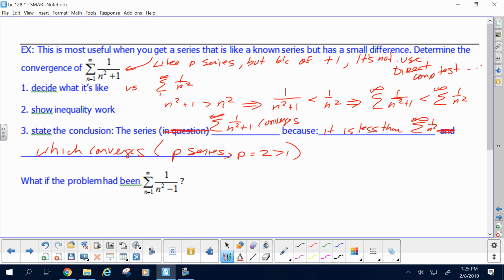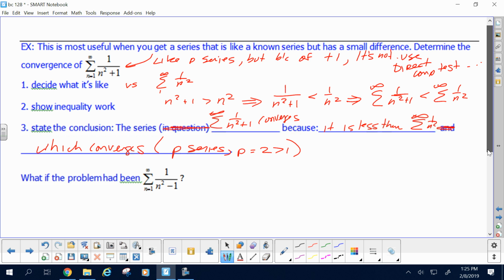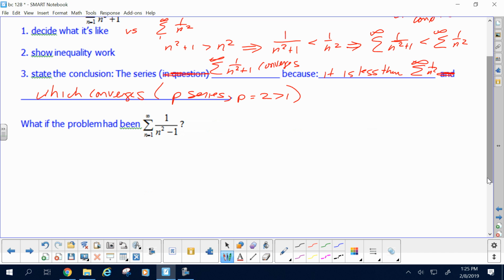What if the question had been, hey, the series 1 over n squared minus 1 instead of plus 1? Well, what about n squared minus 1? It's less than n squared, yeah? All right. 1 over n squared minus 1 would be greater than 1 over n squared. And the series 1 over n squared minus 1 would be greater than the series 1 over n squared.